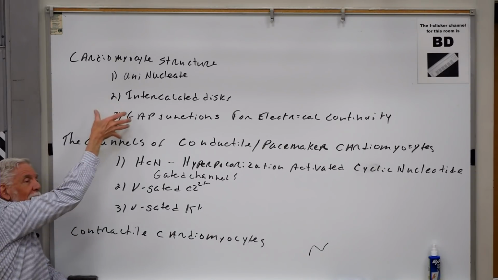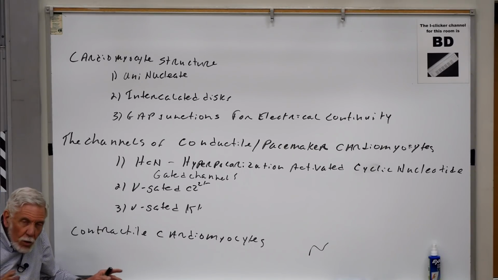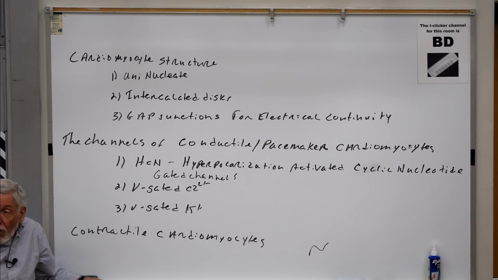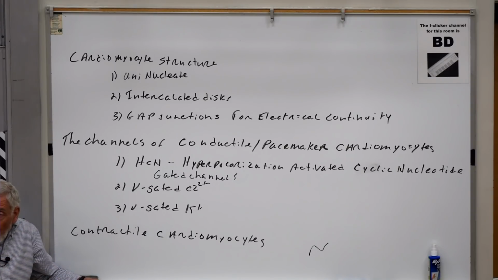Then, once we get through the anatomy of individual cells, we'll start talking about the distribution of ion channels within these cells. We'll divide our world more starkly than we find in reality into conductile cells with one set of channels and contractile cells with a different set of channels.